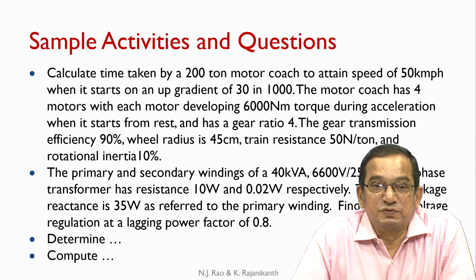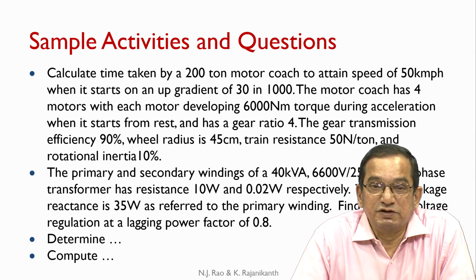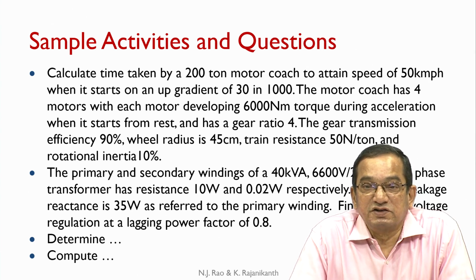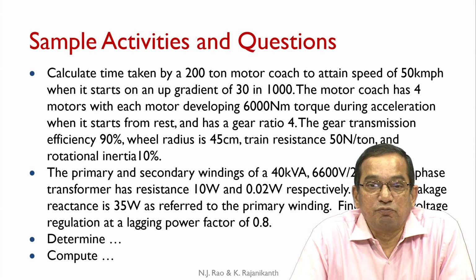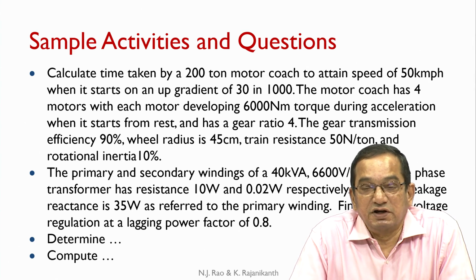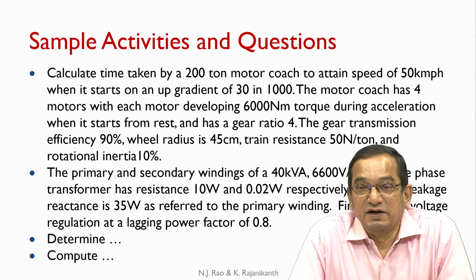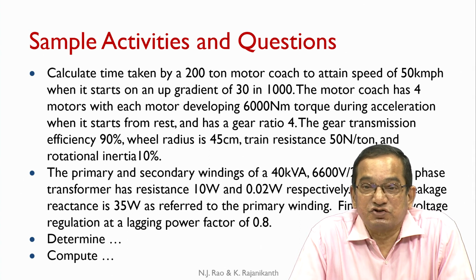The gear transmission efficiency is 90%, wheel radius is 45 centimeters, train resistance 15 newtons per ton, and rotational inertia 10%.